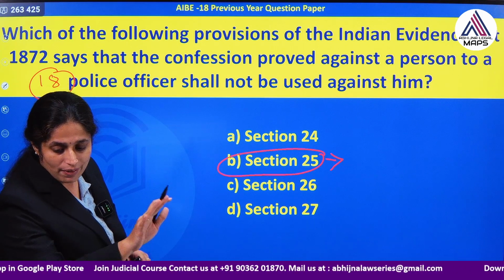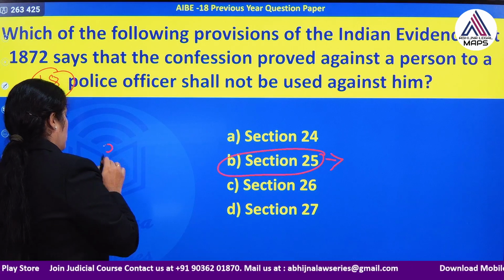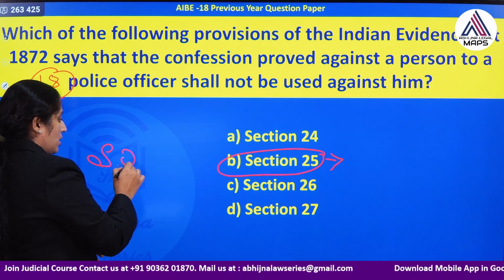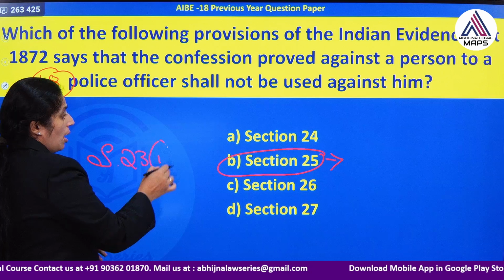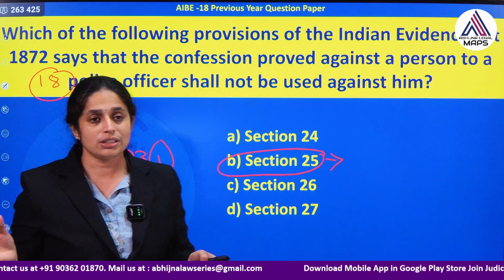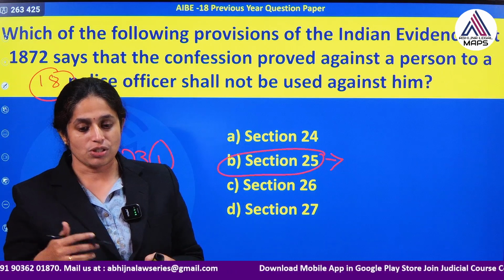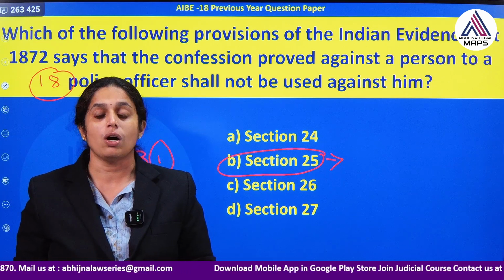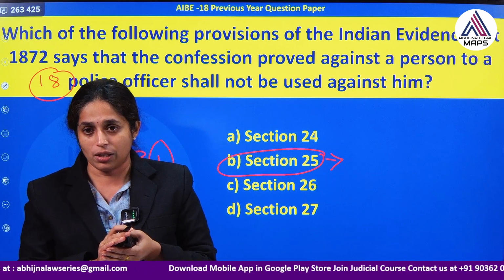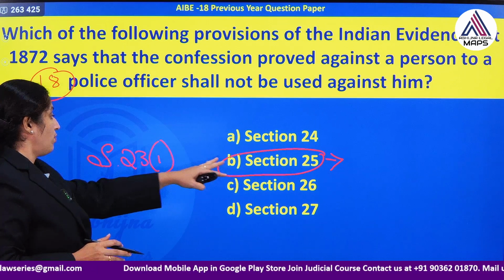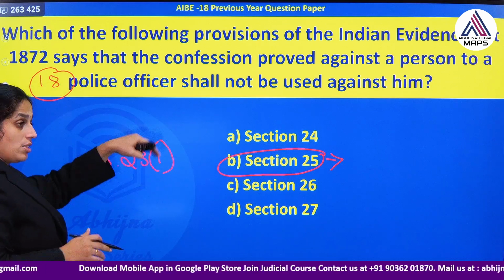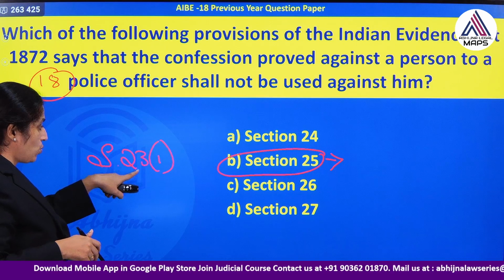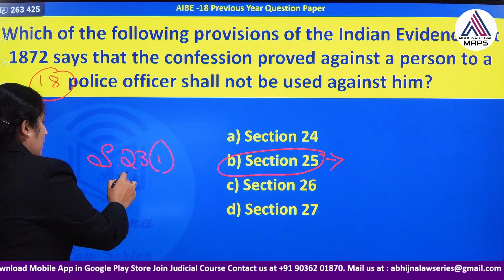The relevant section under the Bharatiya Sakshya Adhiniyam, BSA, is section 23 subsection 1, because all sections regarding confession under inducement, threat have been clubbed together. That is why this section 25 has been given a sub-section number, section 23(1) of the Bharatiya Sakshya Adhiniyam.